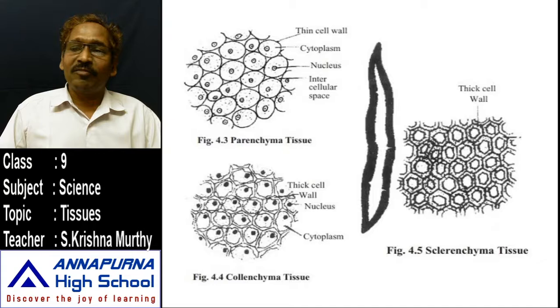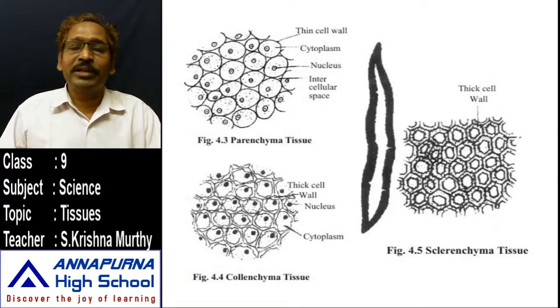Here we have to learn about the functions of the parenchyma tissues. Parenchyma tissues are present all over the body, as I already told you, and internally they are filled with protoplasm. What is the use of the protoplasm? Protoplasm is the life supporting material. In an earlier class we have learnt about that.